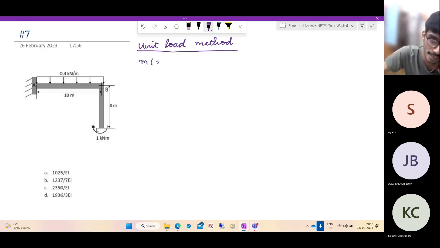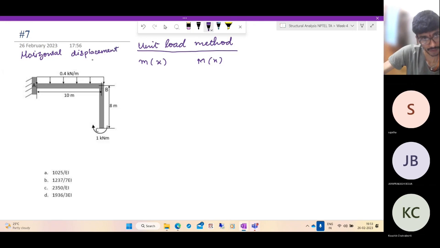The bending moment in the virtual system and the bending moment in the real system. So, okay, I didn't say what they're asking. They're asking the horizontal deflection of point C. So we are asked to find out the horizontal displacement of the point C.